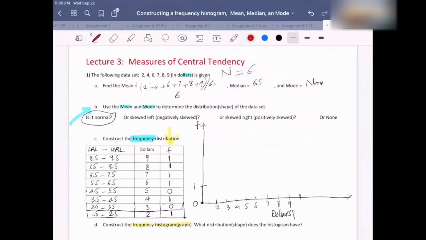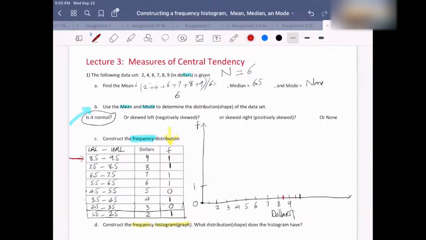So 8.5, we're talking about the first line here, okay? So we are constructing the bar of that interval. So 8.5 is right here, everyone, between 8 and 9. And then 9.5 is between 9 and 10.